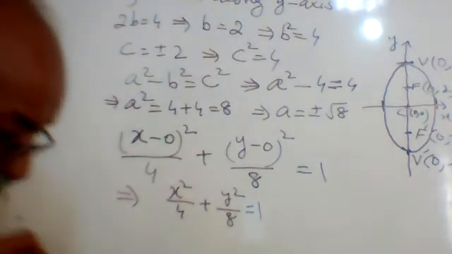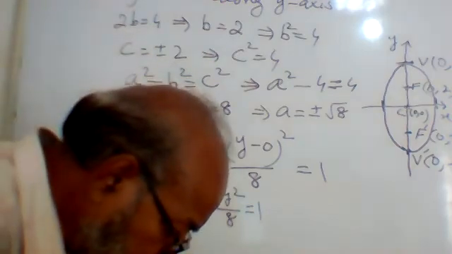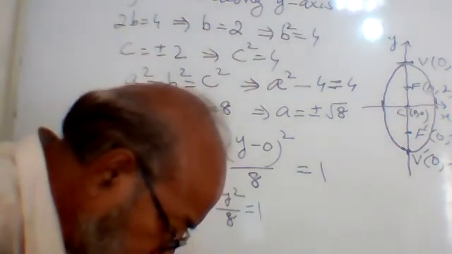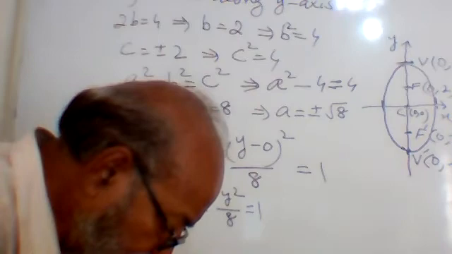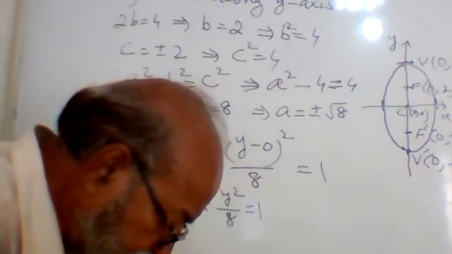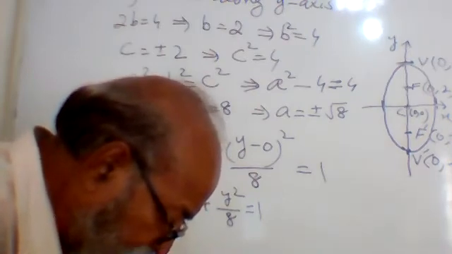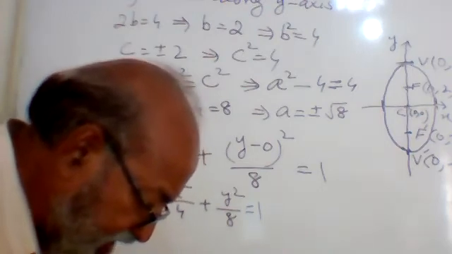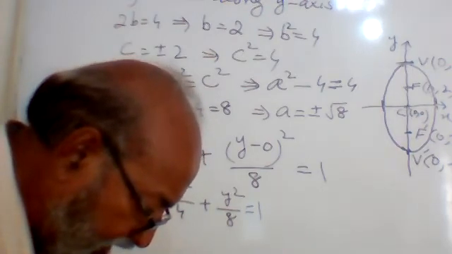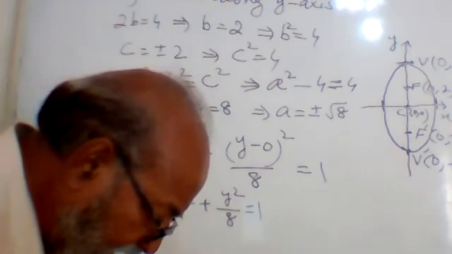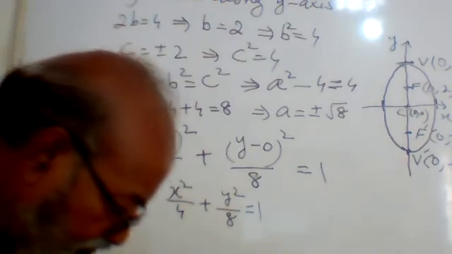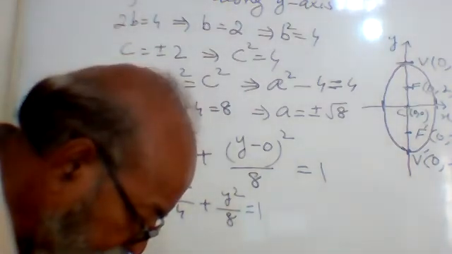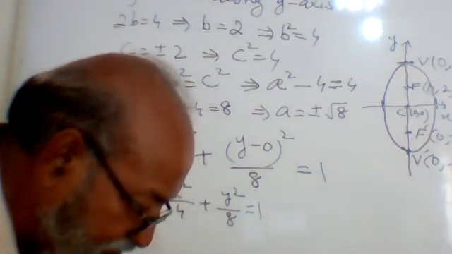Now a question number 25. Center at the origin, one vertex is 0 comma 8, one focus at 0 comma minus 5.